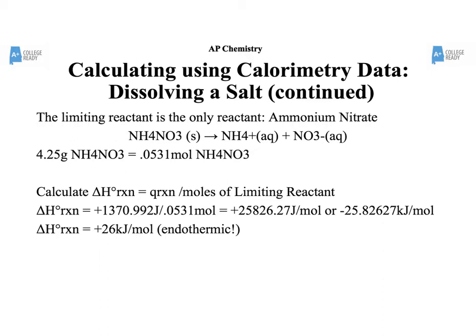So what happened here? The ammonium nitrate became ammonium ions and nitrate ions. We know how many grams of ammonium nitrate we put in. We've got to convert that to moles. Once we have that in moles, we know the Q of the reaction. It was positive 1,370. We know the moles of the salt that we put in there, 0.0531, and we just divide to get the enthalpy of the reaction.